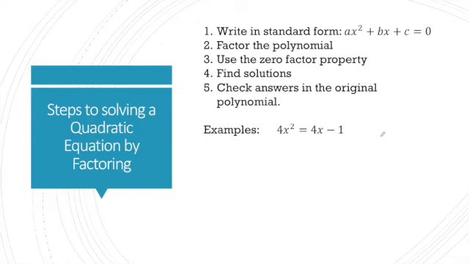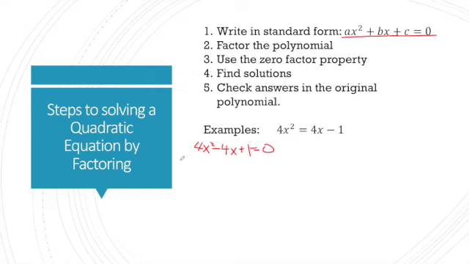I'm going to have to go ahead and get it in the standard form of ax squared plus bx plus c equals 0. So I'm going to subtract 4x and move it over here, and add 1 and move it. So I have 4x squared minus 4x plus 1 equals 0.